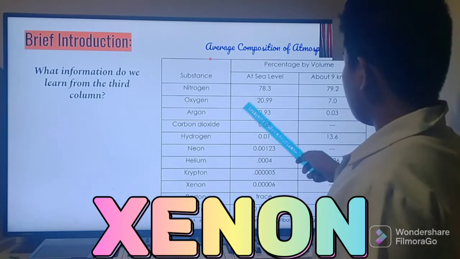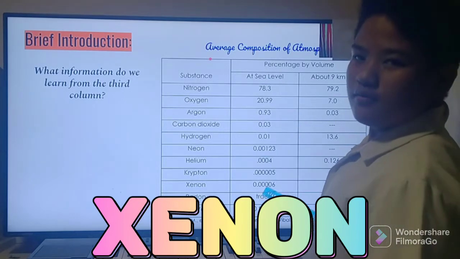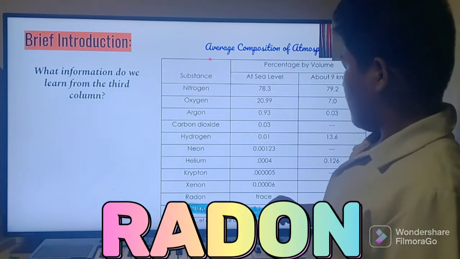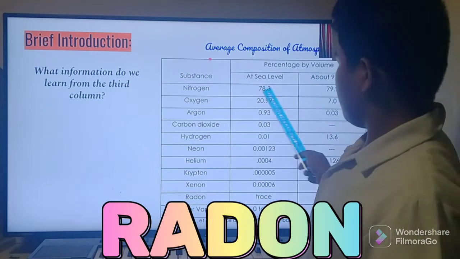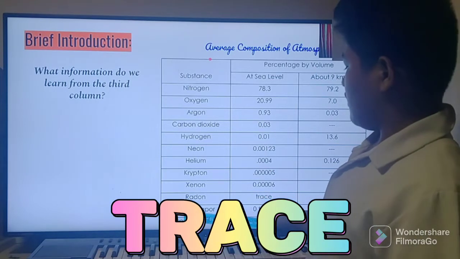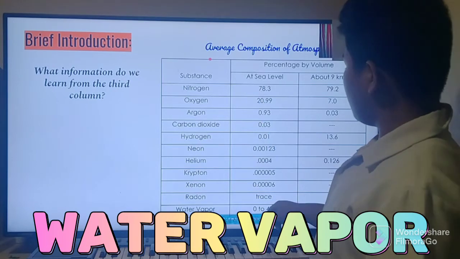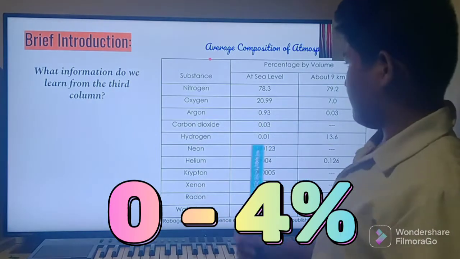Xenon, percentage by volume at sea level is 0.006. Radon, percentage by volume at sea level is trace. Water vapor, percentage by volume at sea level is 0 to 4%.